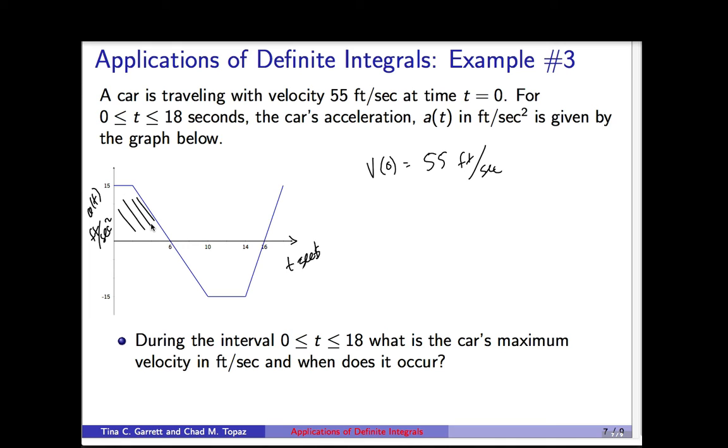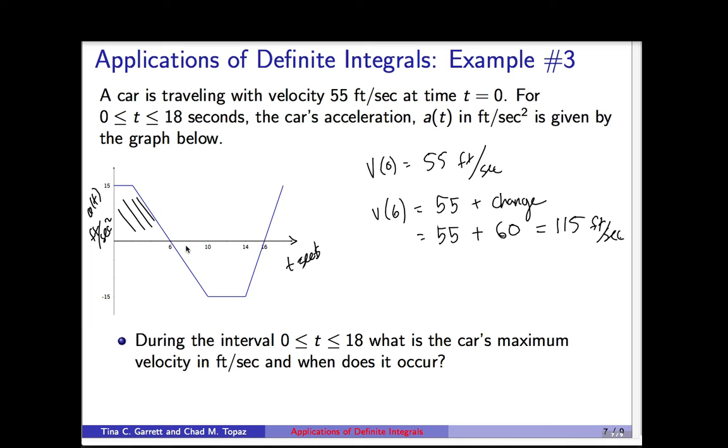And how much do you speed up? What is your velocity at time 6? Well, it should be your original velocity plus your change in velocity. And that's just the area under the acceleration curve. We've done that before. And I think we came to the conclusion that that was 60 in a previous example. So we get 115 feet per second.